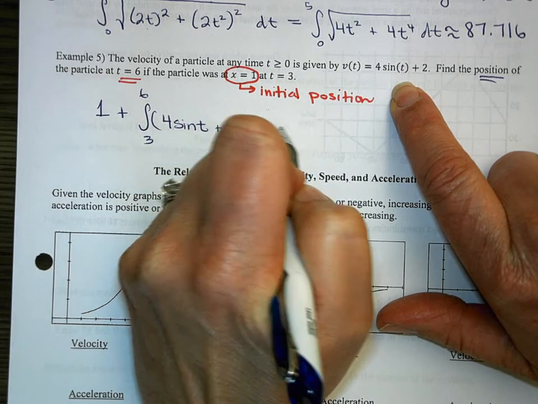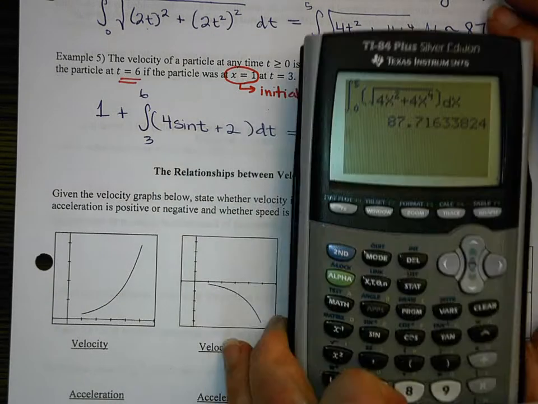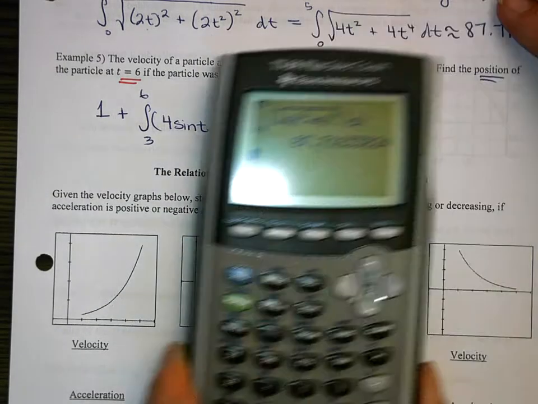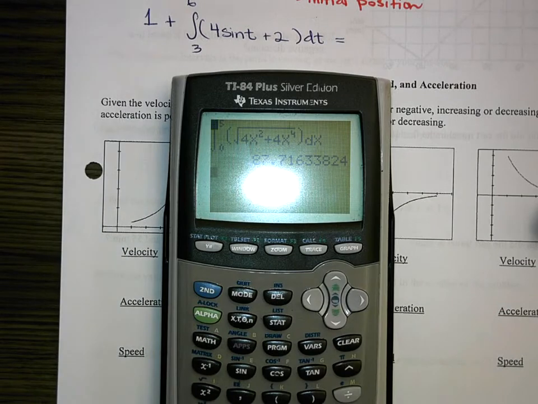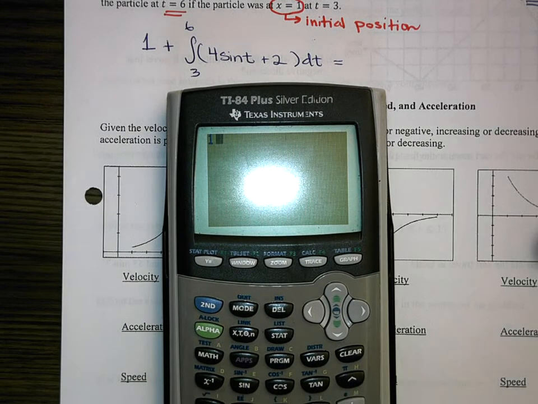And then again, I would just type that into my calculator. So I would have 1, because that's my initial position, plus the integral from 3 to 6 of 4 sine of x, close out those parentheses, plus 2 with respect to x.